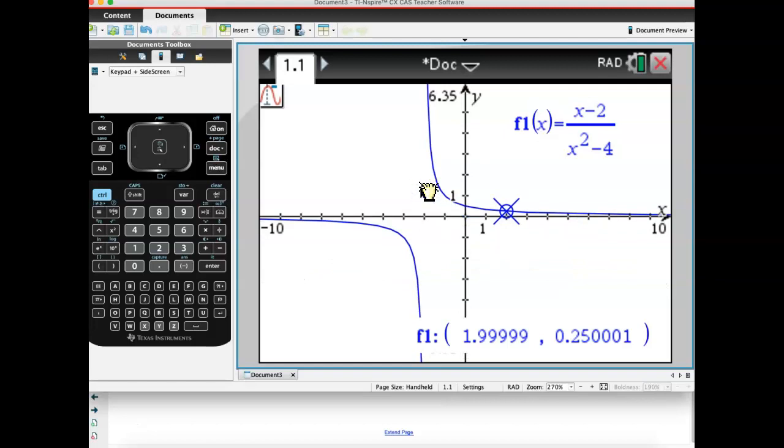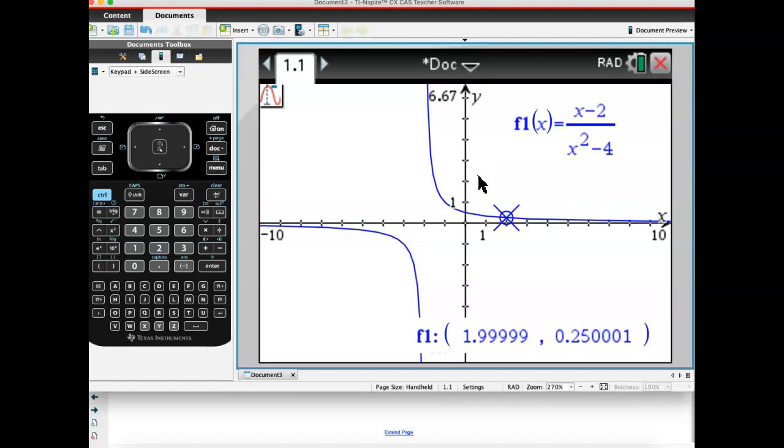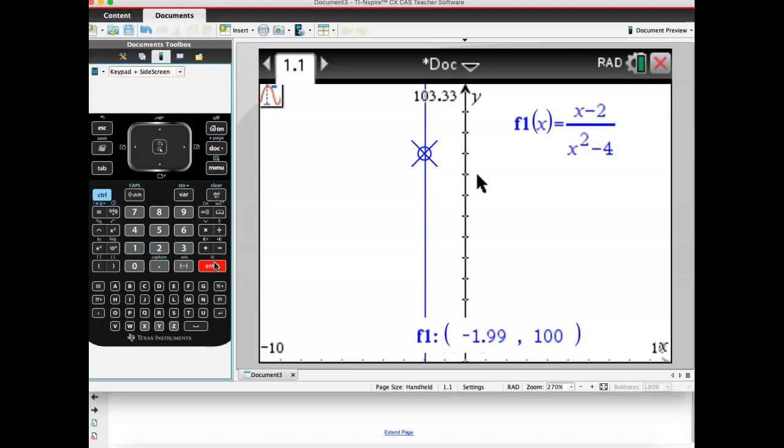So as I'm approaching from the right-hand side, the top one, I'm approaching -2 from the right side. That means as I get close to -2, menu, trace graph, I'm at -1.99 as I'm coming in. Whoa, I'm at 100. How about -1.999? Boom, 1,000. -1.9999. Boom, 10,000. -1.999999.